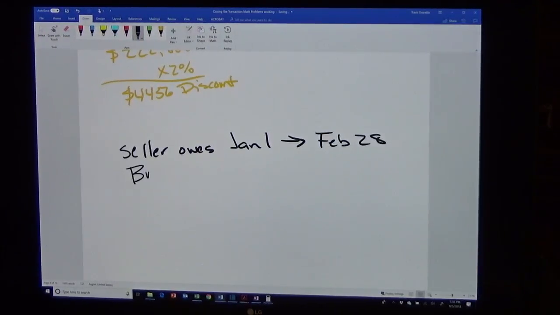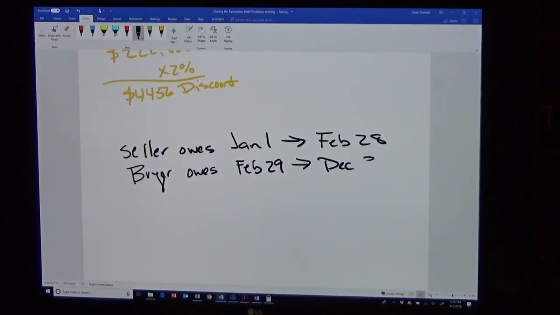The buyer owes taxes from February 29th through December 30th. I know that looks weird, but remember every month has 30 days. So the seller owes January 1 through February 28th, and the buyer owes from February 29th through December 30th for taxes. Okay? We always want to do the seller side first.